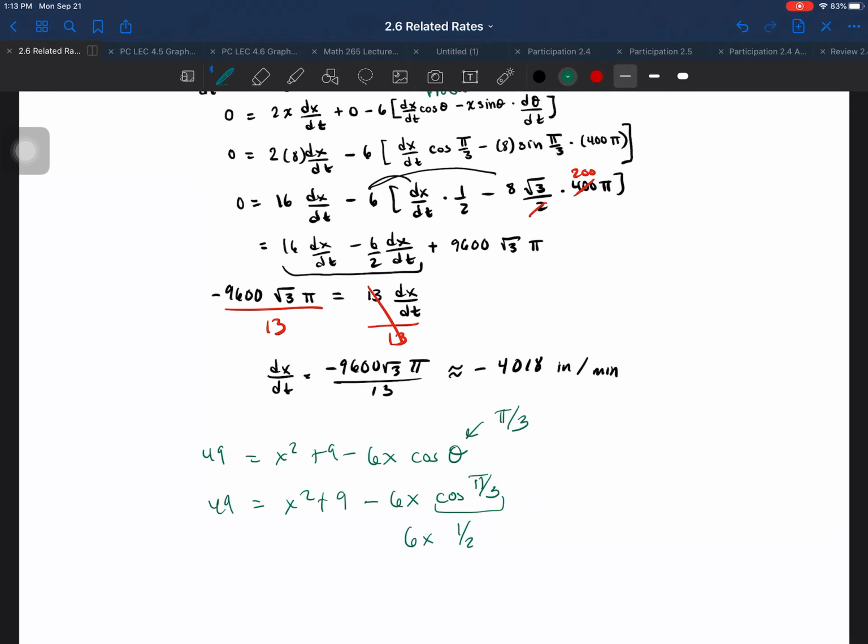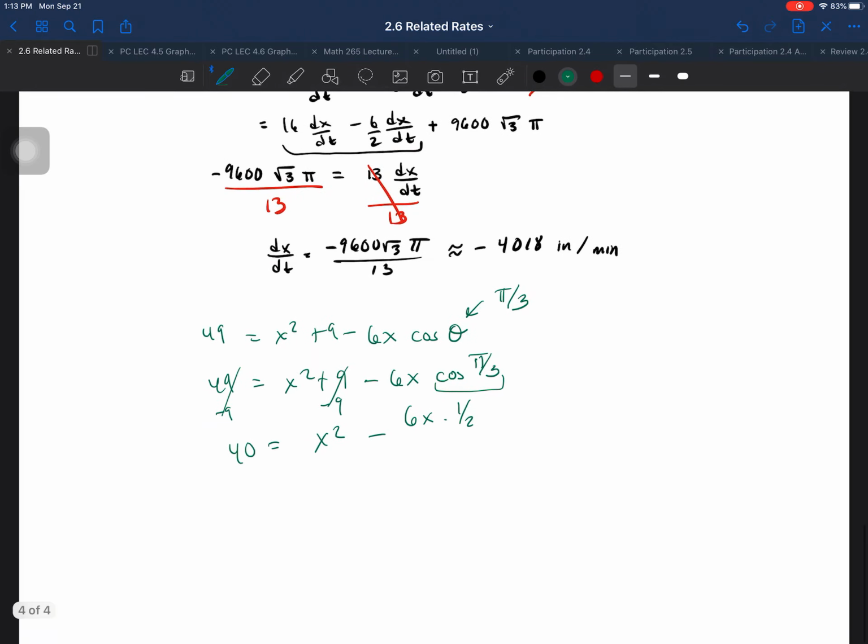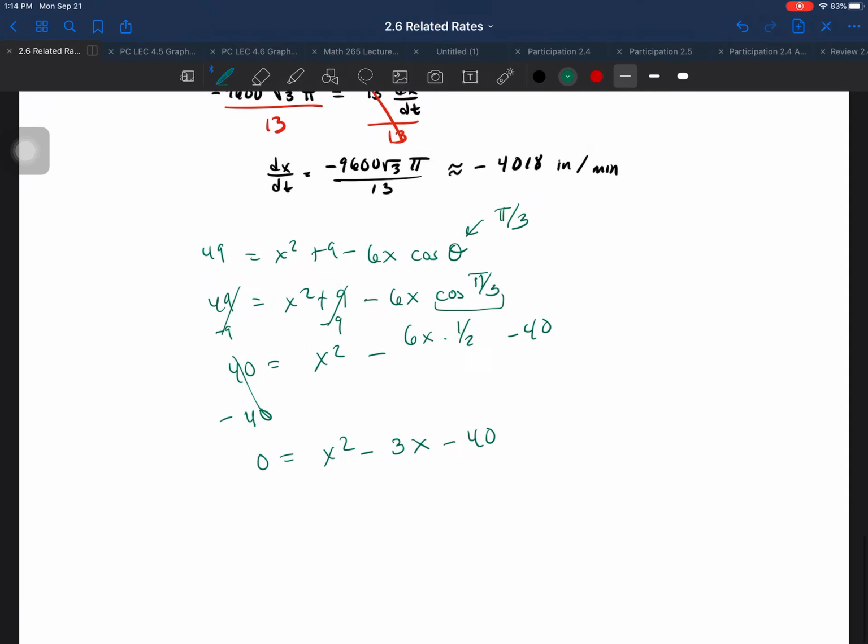This is 1/2, and then we can subtract 9 on both sides. That gives us 40 equals x squared minus 6x times 1/2. That gives you 3x. And then we're going to subtract 40 on both sides, and then we have 0 equals x squared minus 3x minus 40.